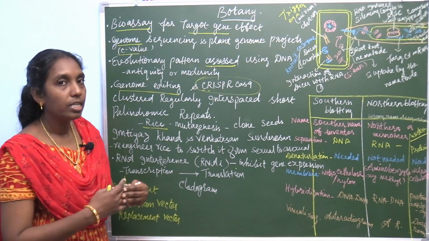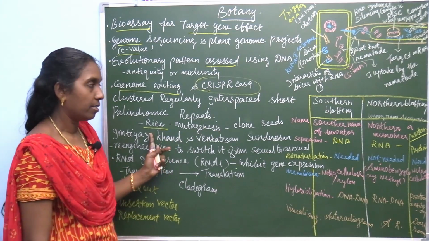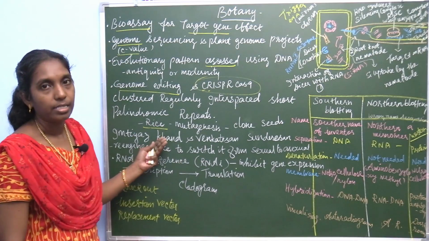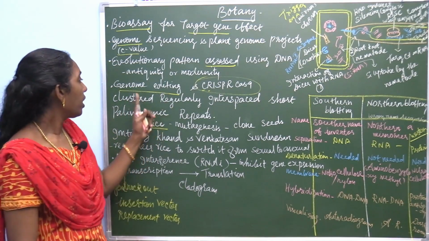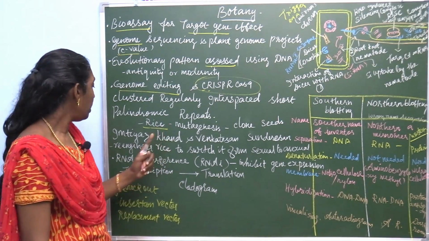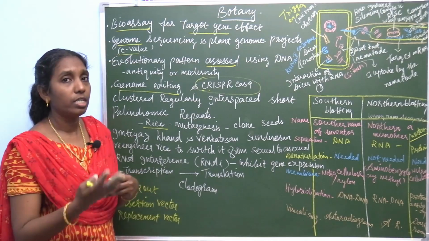They worked together and produced mutagenesis rice by cloning the seeds of rice. That is genome editing. If they ask for an example, you write rice.